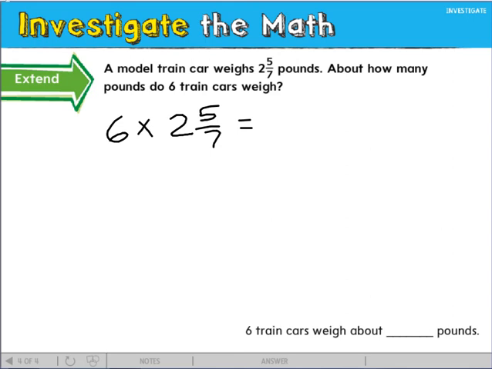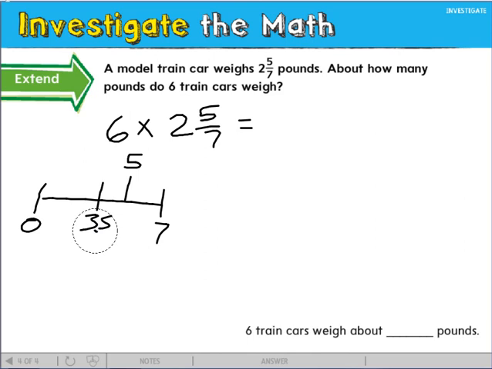Now, estimating is weird. If you can support how you rounded, as far as I'm concerned, you can be right. So in this case, 5/7. Half of 7 is what? 3.5.